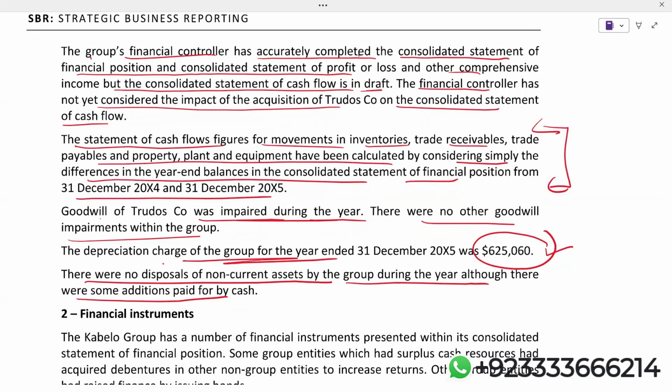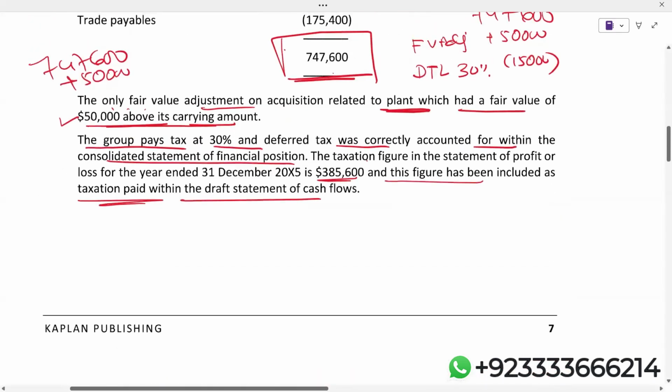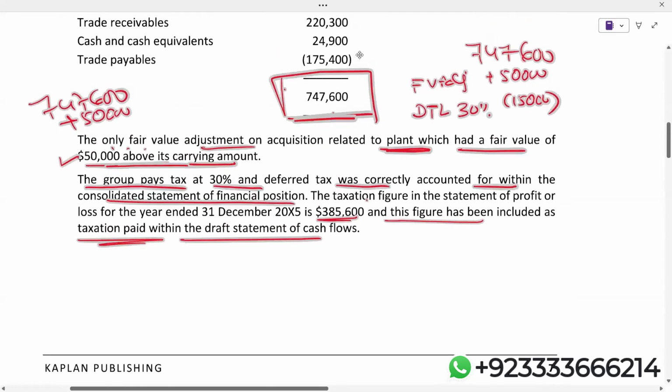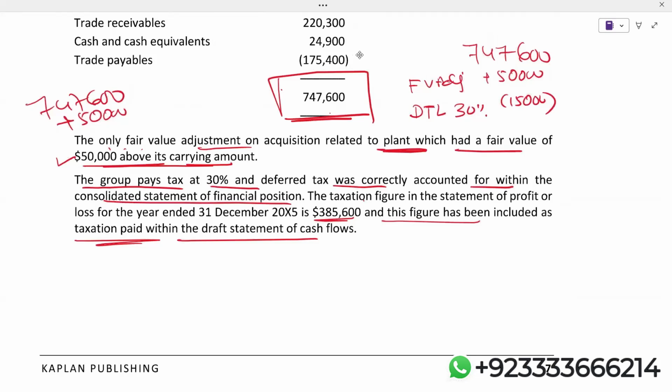Now one more important point. We can see that the question says the only fair value adjustment on acquisition related to plant, which had a fair value adjustment of 50,000.